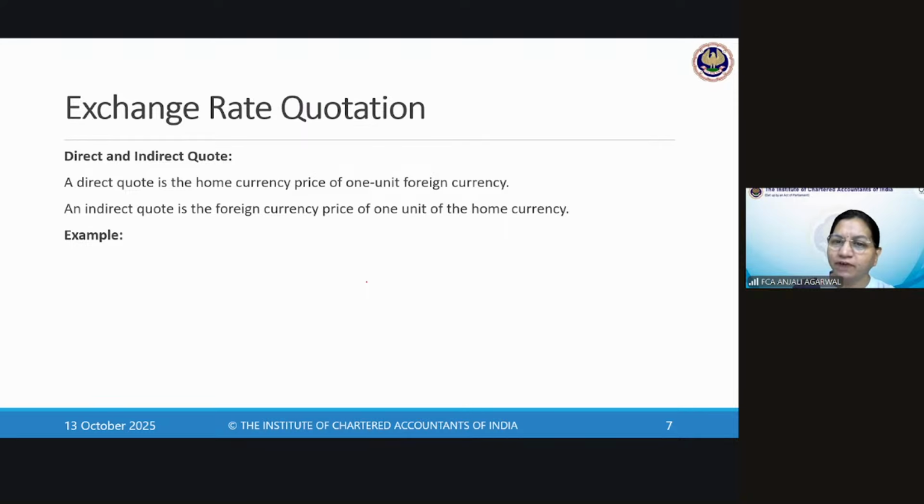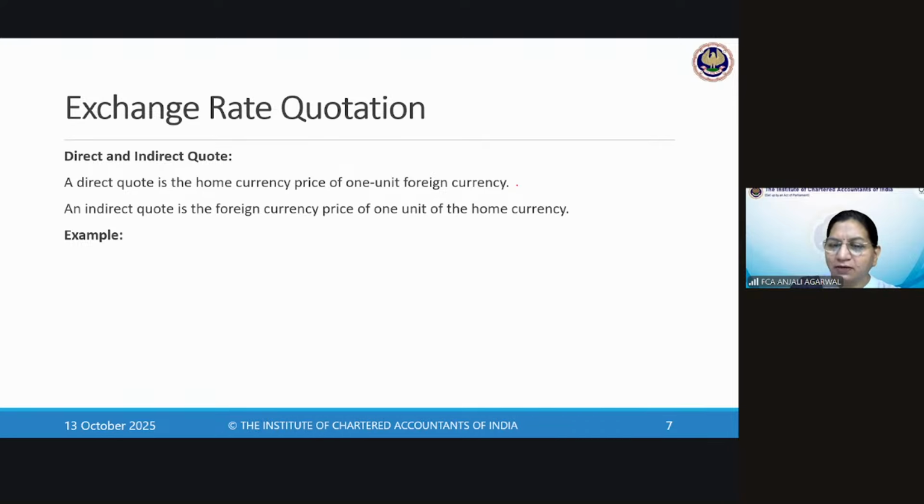If you want to buy 1 British pound, you have to give 95 rupees. If you want to buy 1 Singapore dollar, you have to give 40 rupees. Similarly, this makes it easy to understand how much we have to pay in order to get 1 unit of foreign currency. So it becomes a direct quote for us as Indians. So a direct quote is the home currency price for 1 unit of foreign currency.